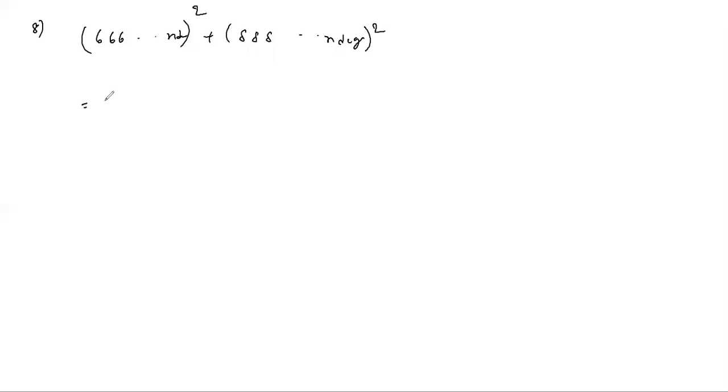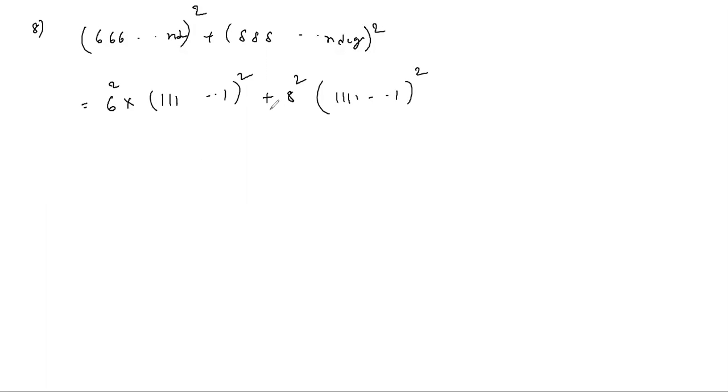So 6 square into 1, 1, 1, and so on, 1, n times, whole square. Similarly here, you can take 8 square outside: 1, 1, 1, and so on, n times, whole square. Is it a printing mistake? I think whole square maybe.